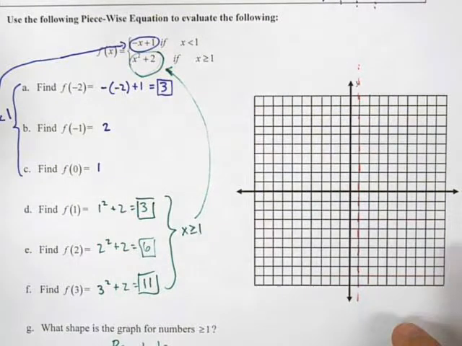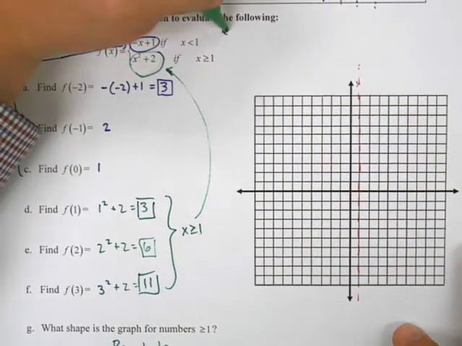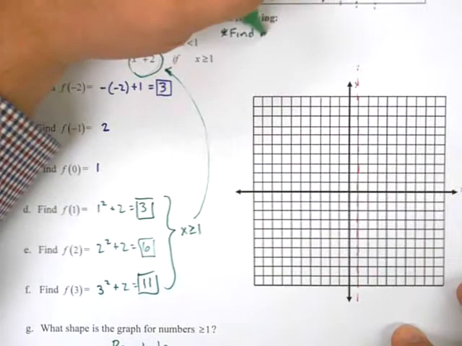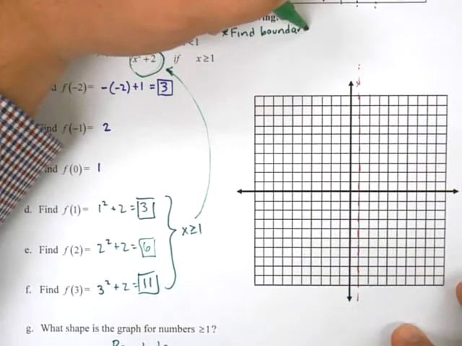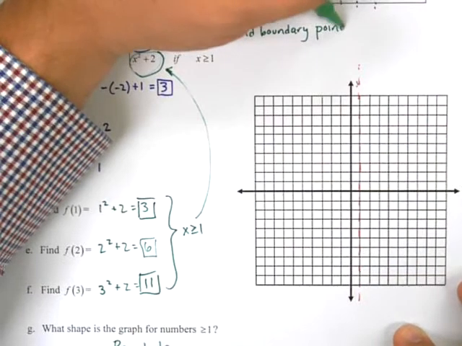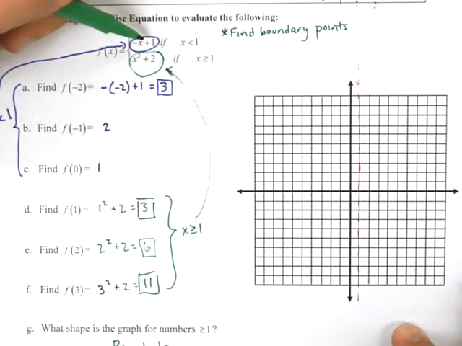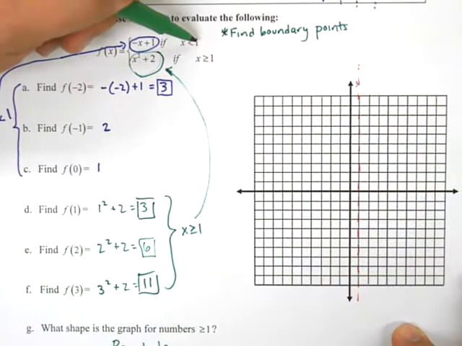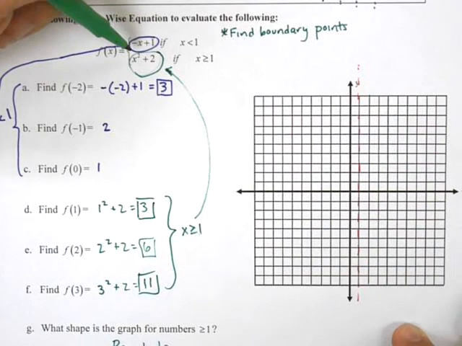My suggestion is always to find boundary points. And what do I mean by that? Well, I know that this top function is going to go all the way up to x is equal to 1, but it's not going to include that point, right? So I'm going to put an open circle at x equals 1 for this function.